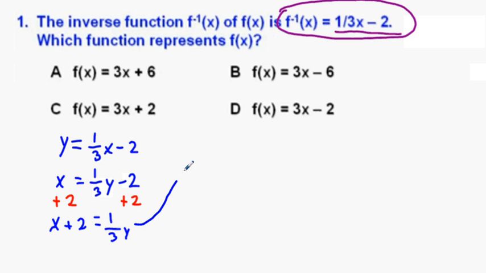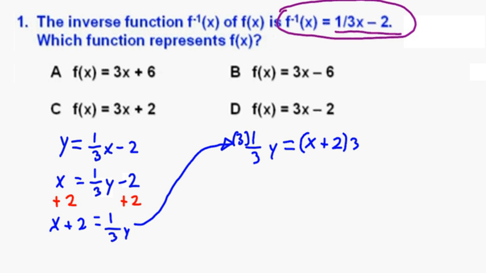And we're going to need to clear out this 1/3, and we do that if we multiply both sides of this equation by 3, and then we have to multiply the right side by 3.